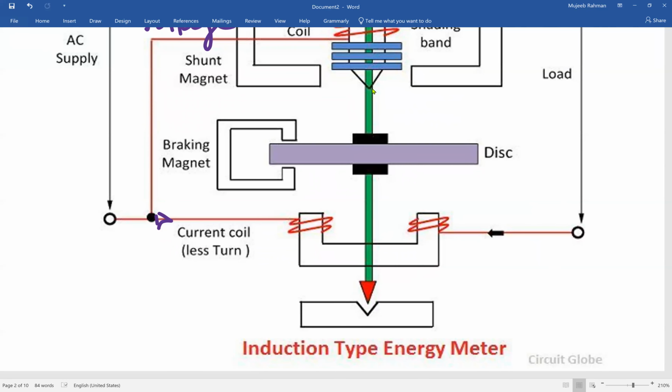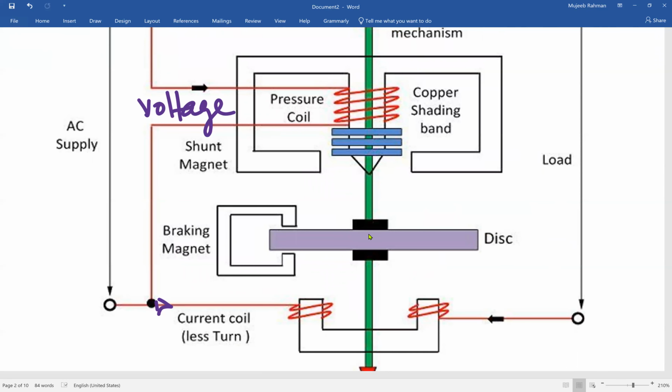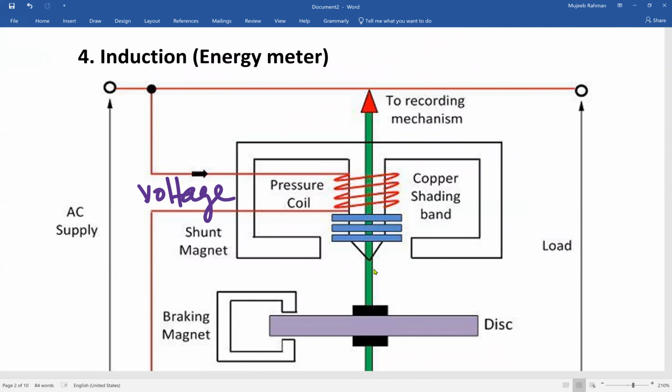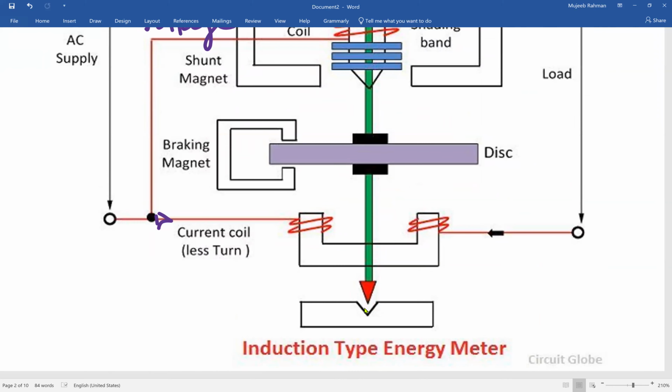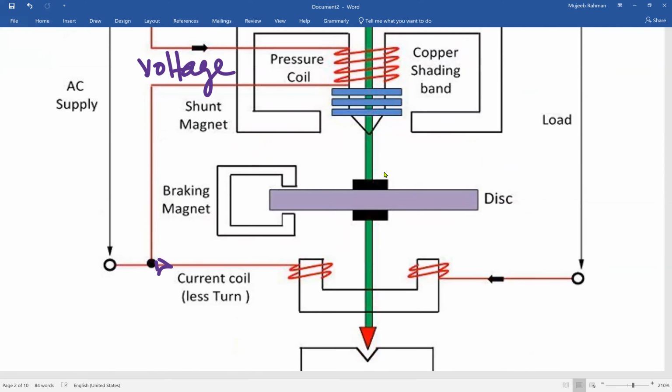In between the pressure coil and the current coil, there is a disc situated, and this disc is attached to a shaft, and that shaft is already pivoted, which means that the disc can easily rotate.